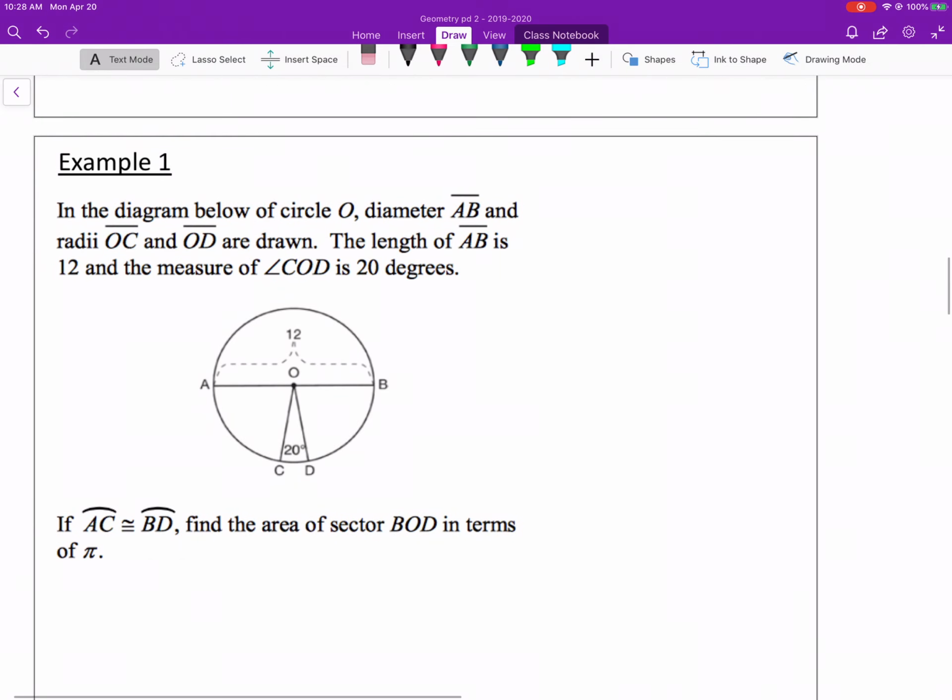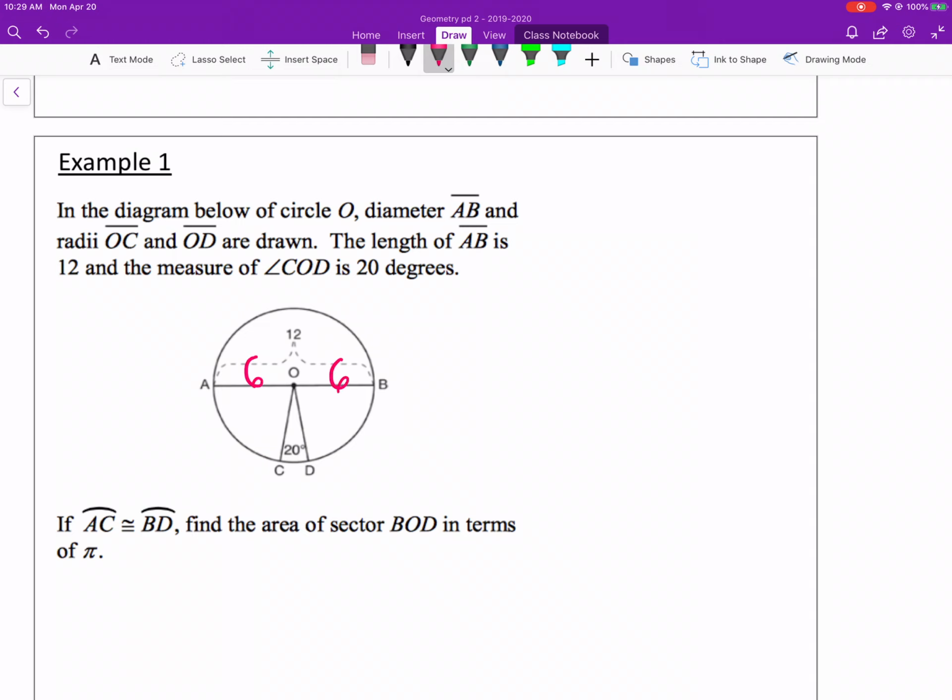Example 1. In the diagram below of circle O, diameter AB and radii OC and OD are drawn. The length of AB is 12, and the measure of angle COD is 20 degrees. Before we read the rest, let's fill in a couple things. They gave us 12 for the length of AB, that's the diameter. So our radius is 6.